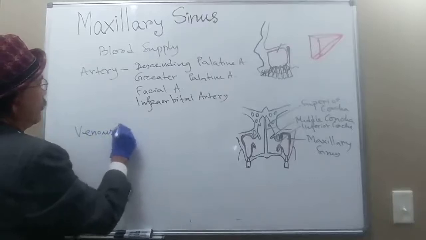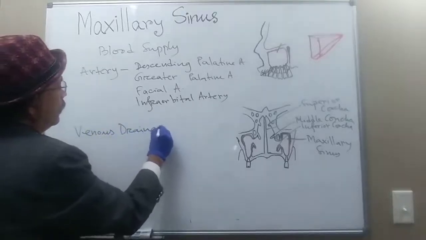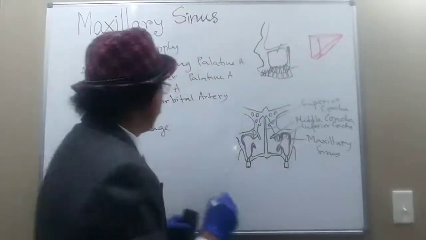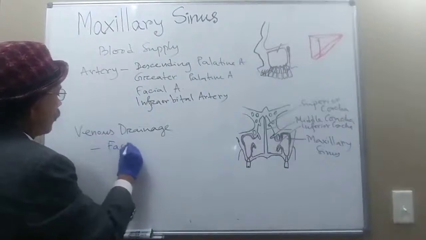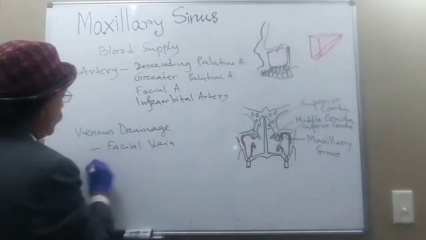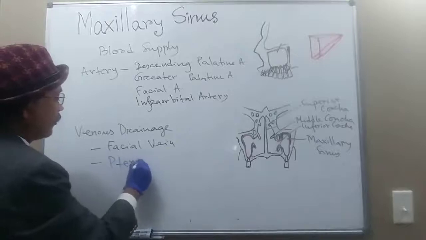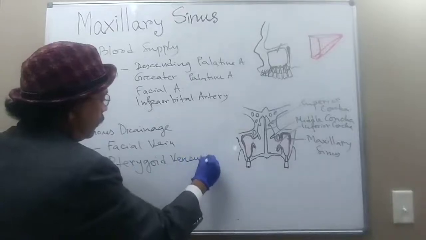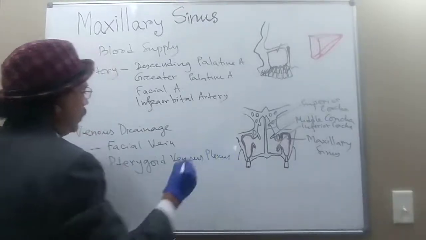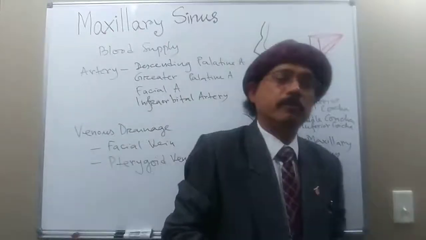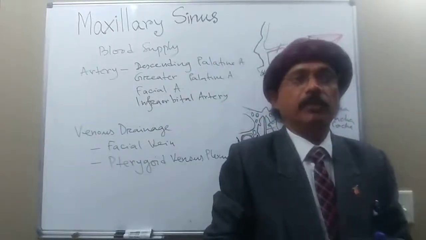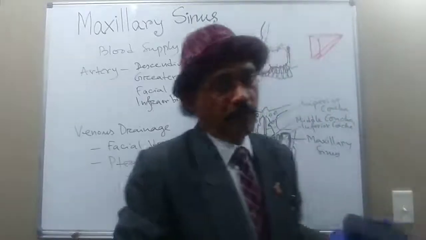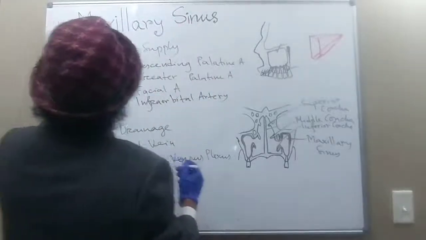Venous drainage is by means of the facial vein and pterygoid venous plexus. So it may be communicated to that of the cavernous sinus. We got the arterial supply, we got the venous drainage. Then we go to the lymphatic drainage.